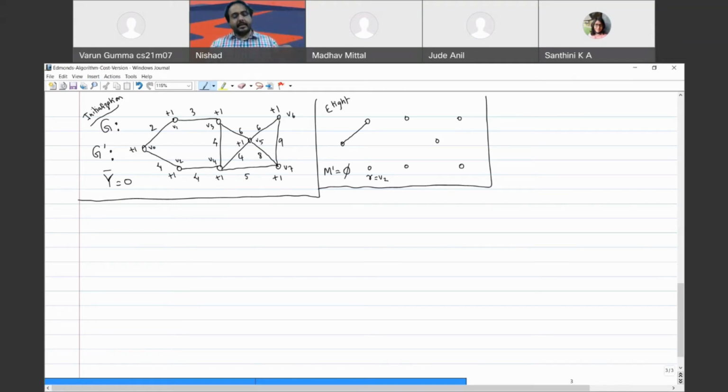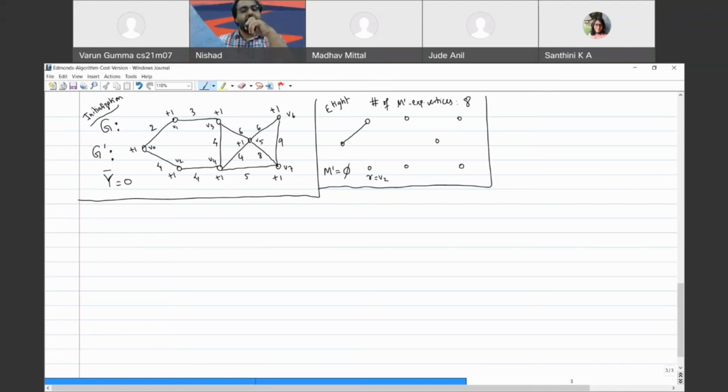And rather than keeping size of the matching in mind, I want to keep in mind the number of exposed vertices. So the number of M prime exposed vertices is right now all of them, 8, because M prime is empty.